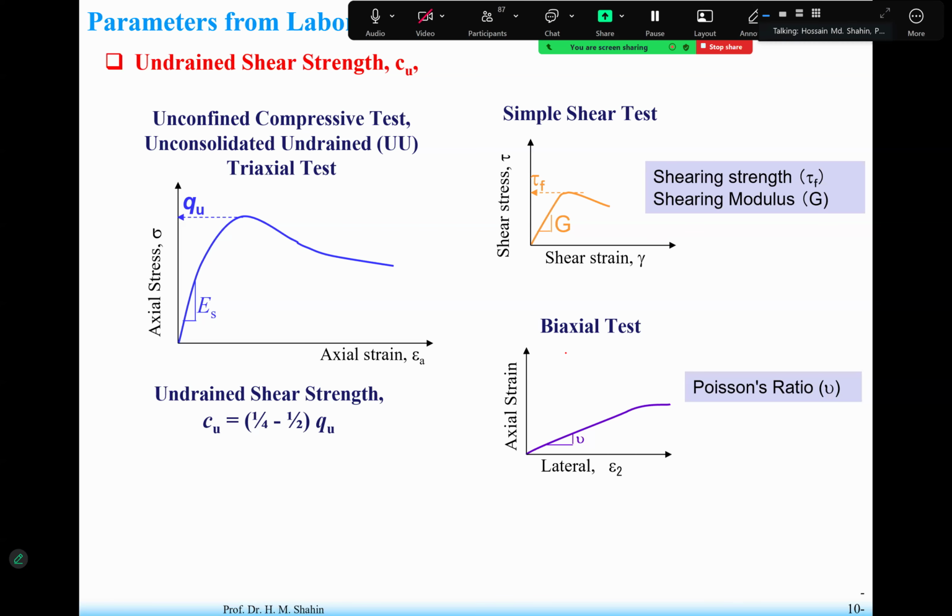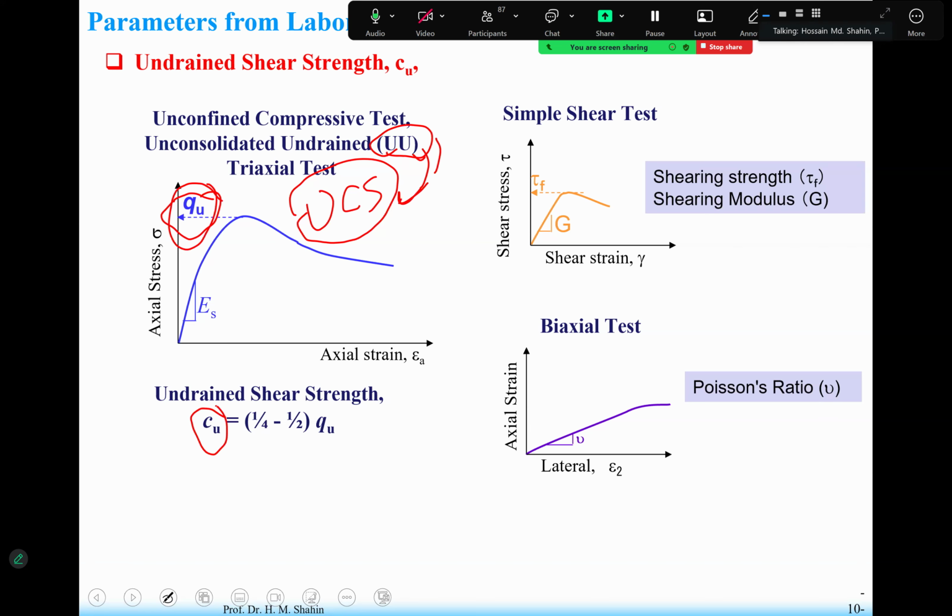Then undrained shear strength. If you don't have any graph here, you don't need it, in fact. But say you want to calculate the QU. If you have an undrained test, that is the UCS test, the unconfined compressive strength test, or the UU test, that is the unconsolidated undrained triaxial test, then calculate the CU.